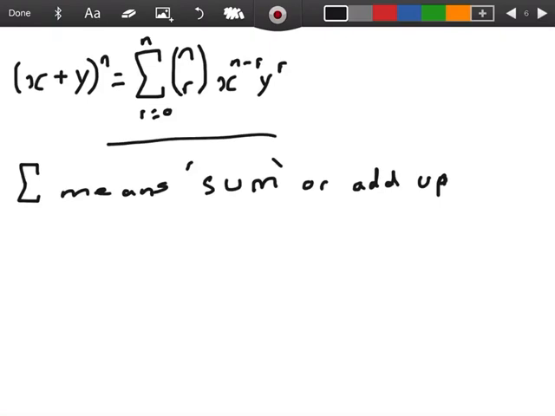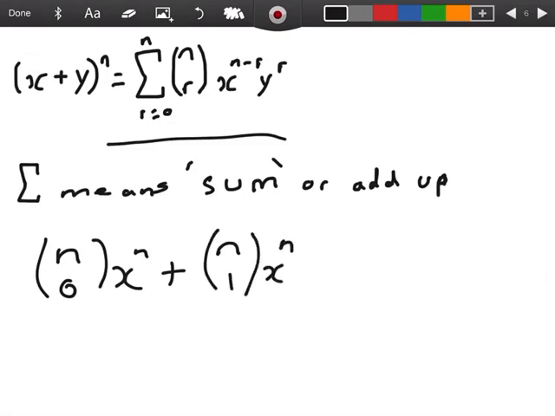And if we expand that term, then we get nC0 x^n plus nC1 x^(n-1) y^1, and so on until you get up to, this is what it represents here, going from r equals 0 all the way up until we reach n. Until r equals n, we add up.